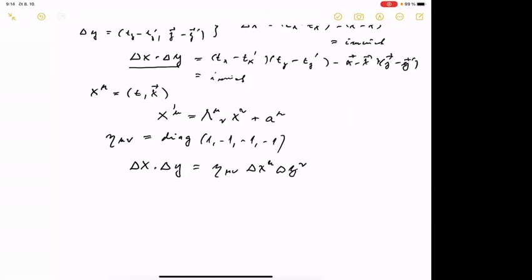If we insert the definition of the transformed x and transformed y, we demand that delta x primed mu times delta y primed nu is preserved.